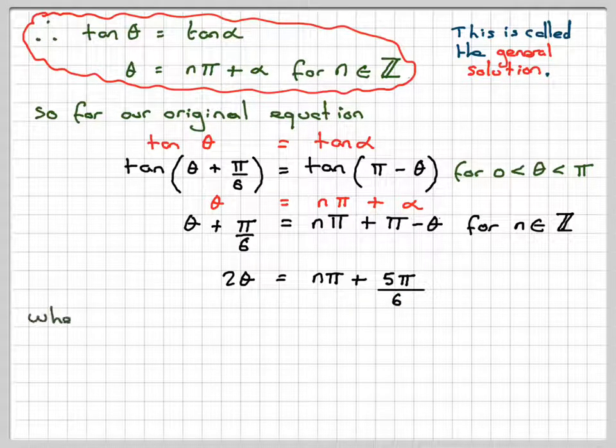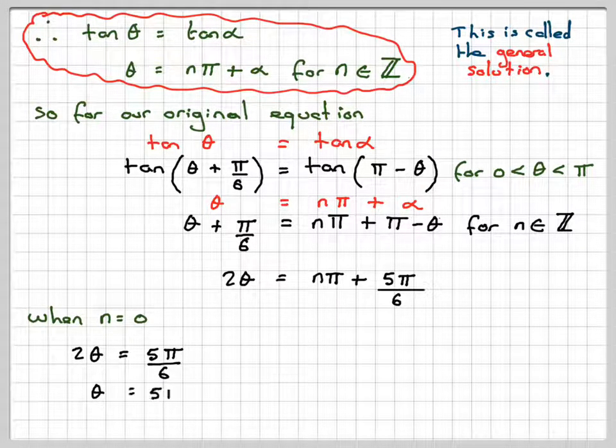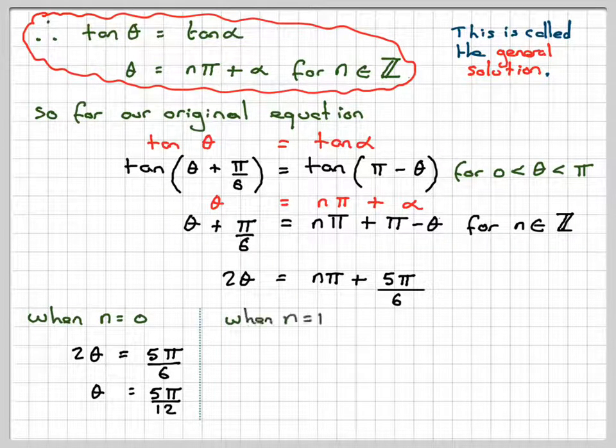So when n is equal to 0, which is the first solution, we're going to get that 2 theta is 5 pi/6, and therefore theta will be 5 pi/12. So that's going to be one solution. And now the second solution we can check, as long as the angle falls between 0 and pi.